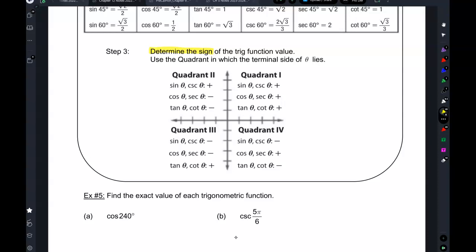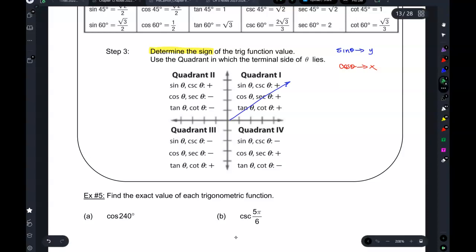All right. Suppose an angle is in quadrant 1. What did we say the sine was equivalent to? The vertical or the horizontal? The vertical, the y. What did we say the cosine was equivalent to? The x. And then the tangent was related to the y and the x, correct?